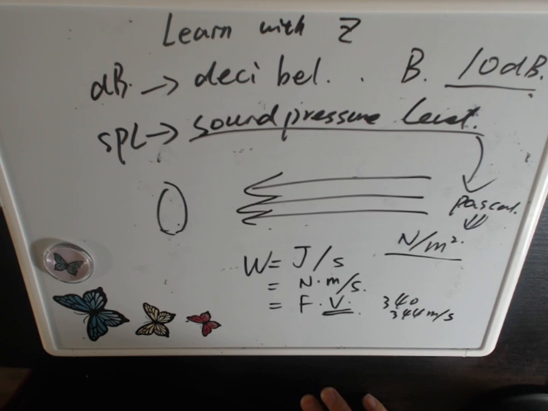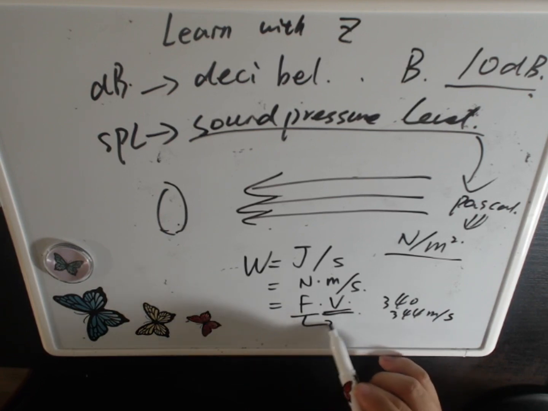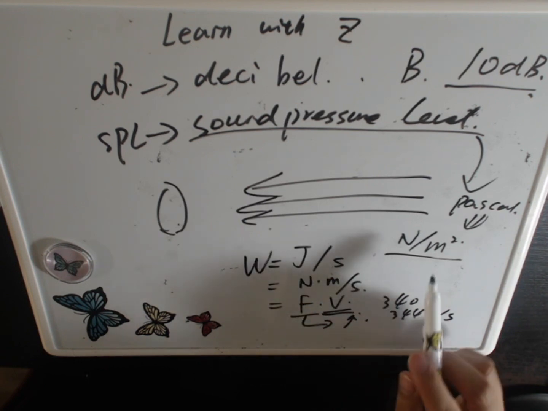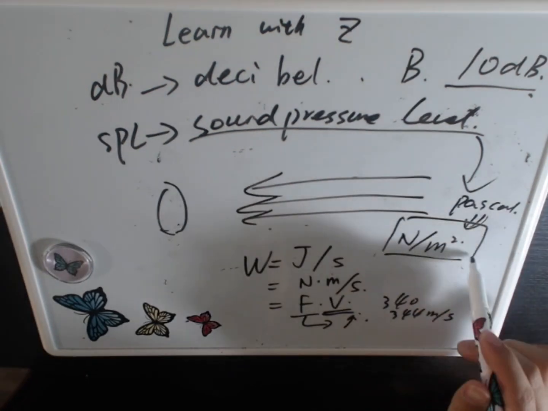So the power of a wave that's propagating in the air actually just depends on this F, how strong it is, right? So the stronger this F is, the bigger this will be.